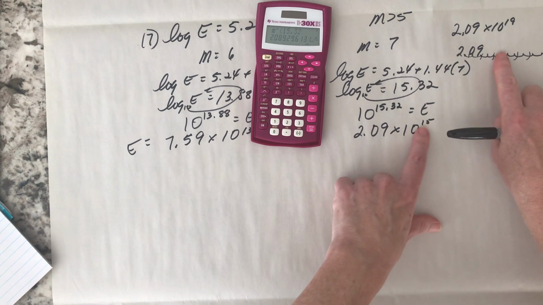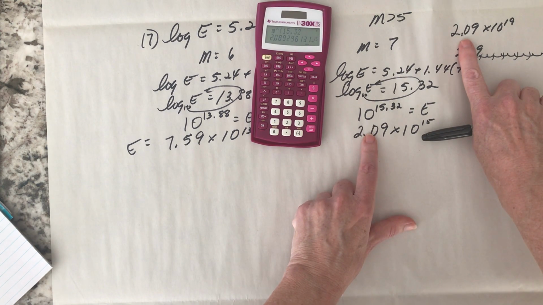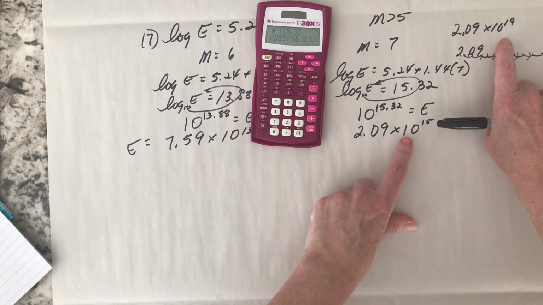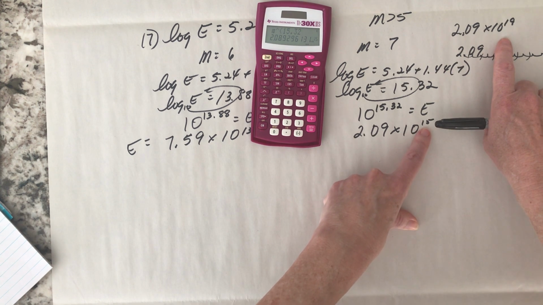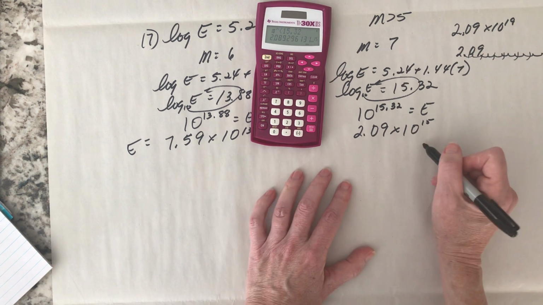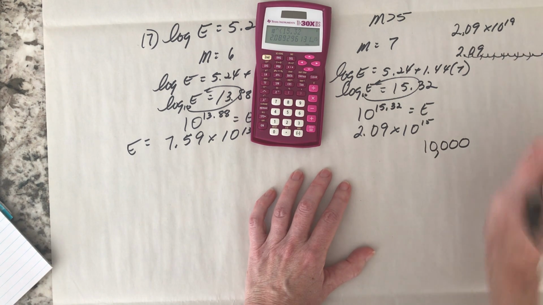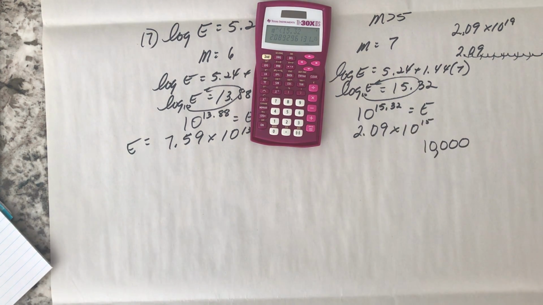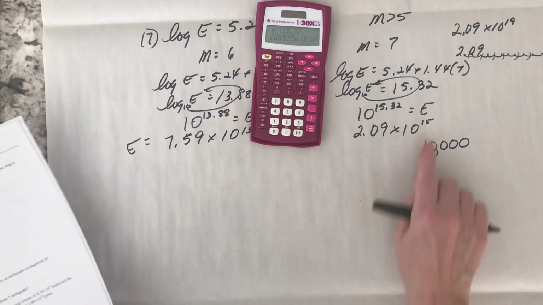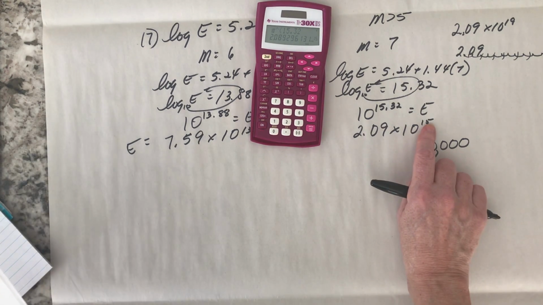Very close, at least in terms of the 2.09, to Krakatoa, but this is a 10 to the 4th difference. That's a 1 with 4 zeros. So Krakatoa was 10,000 times stronger than a magnitude 7 earthquake. This is raised to the 15th, and so is the nuclear weapon.